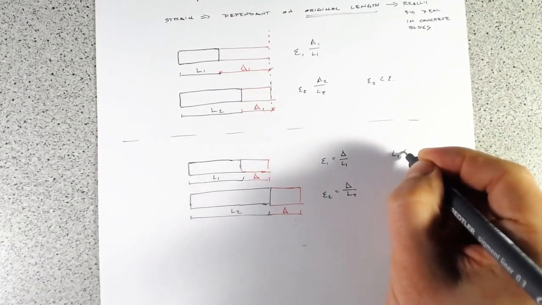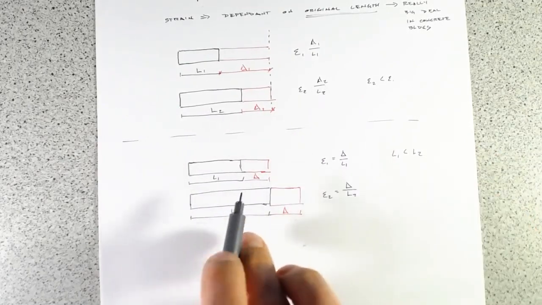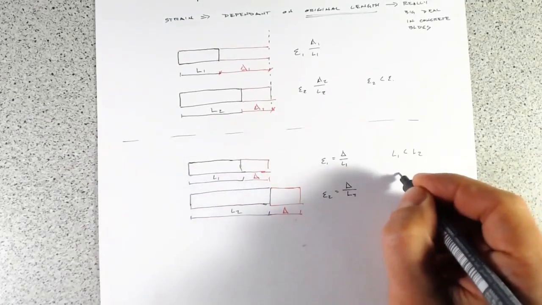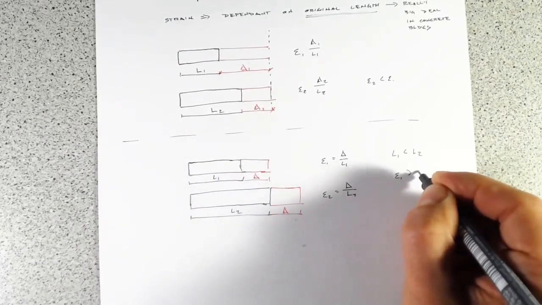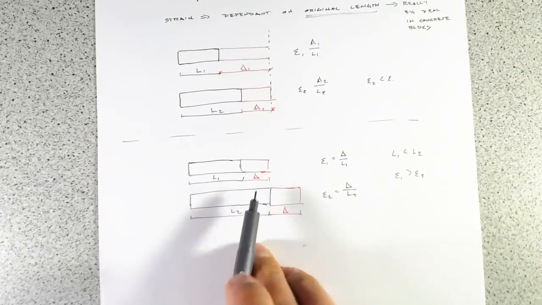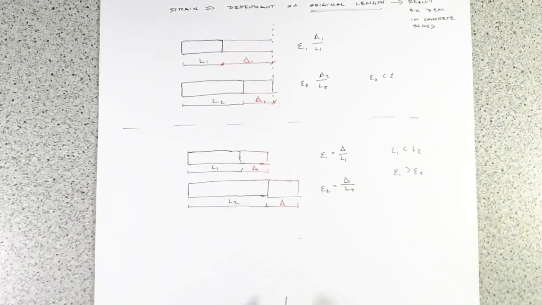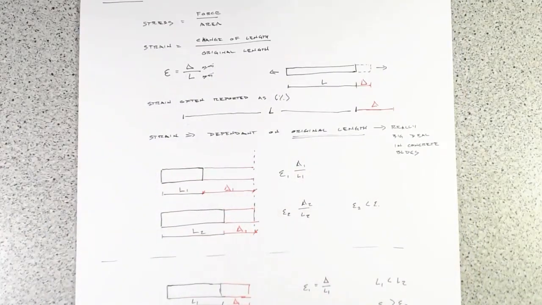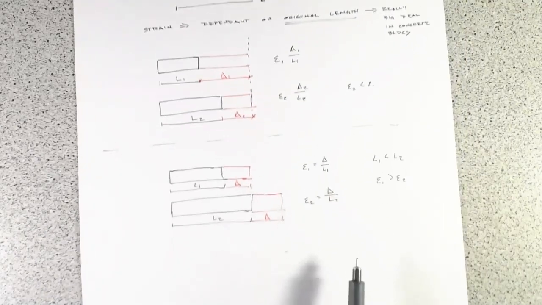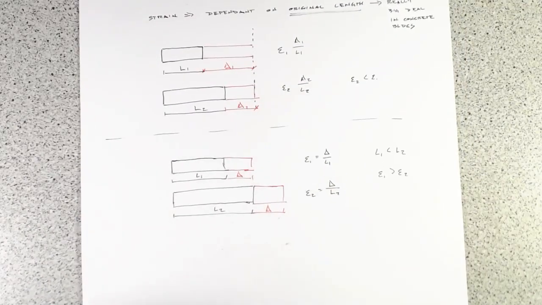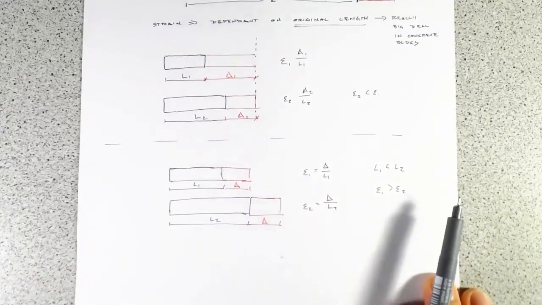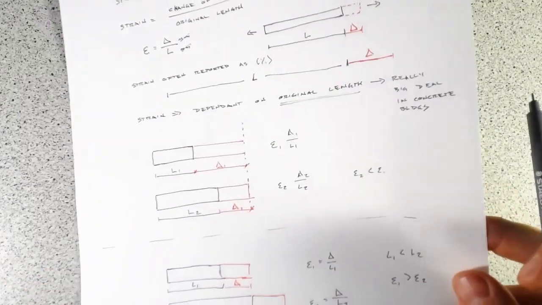Well, if L1 is less than L2, then the strain in our first bar here is going to be much higher. Strain 1 is going to be greater than strain 2 because we're pulling it a higher percentage of the total length. So we are straining it more. And again, that just comes back down to what our definition of strain is, where it's a percentage. It's a percentage of stretch. So that's our general overview for what strain is.